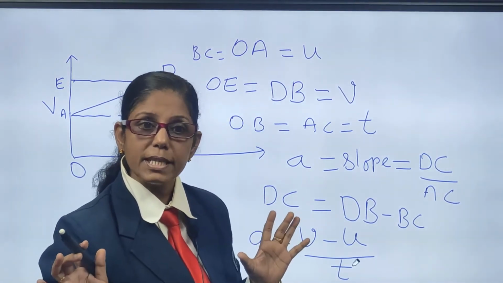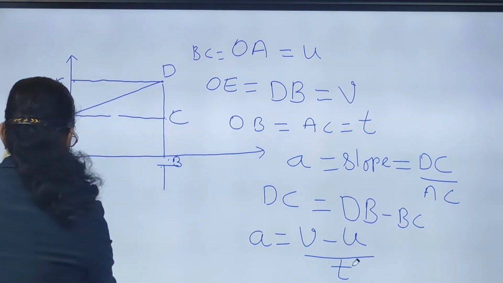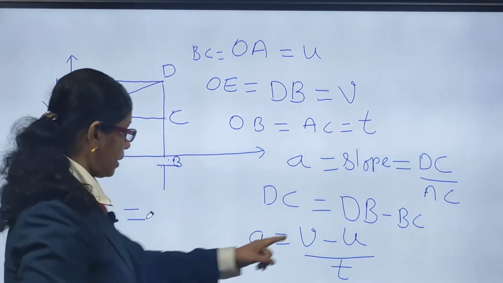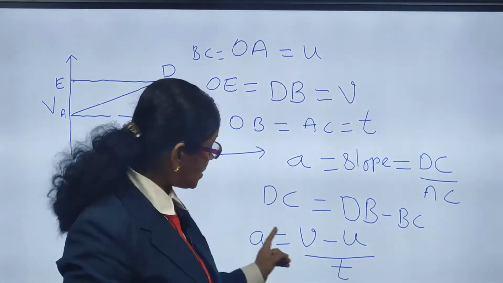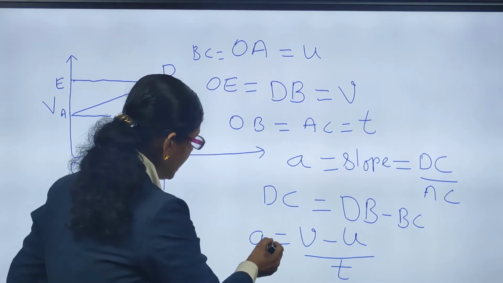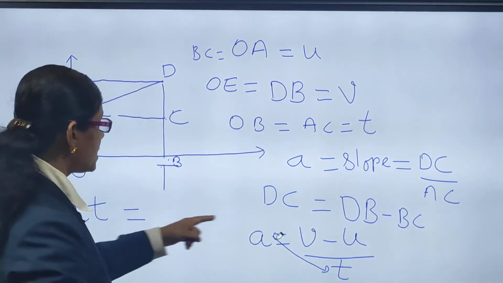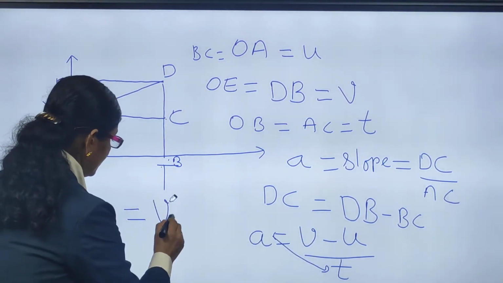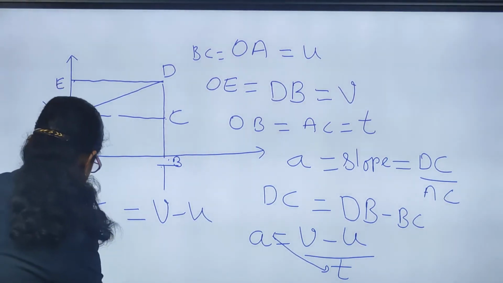Now, it is very simple. We have to rearrange it. Just do a cross multiplication. A into T. Understood? AT is equal to V minus U. Now, rearrange it.